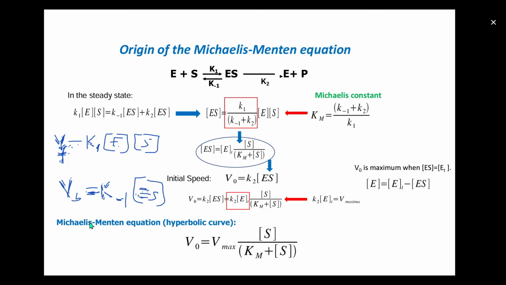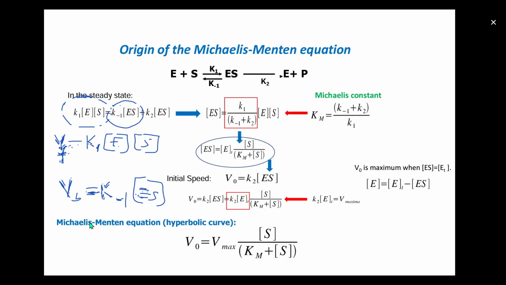So that is the rate of the reaction for the reverse reaction, the formation of enzyme substrate, and of course plus K2, that is for the formation of product.